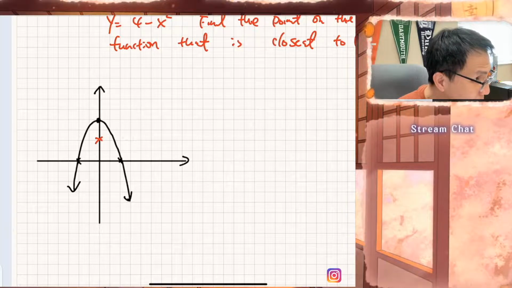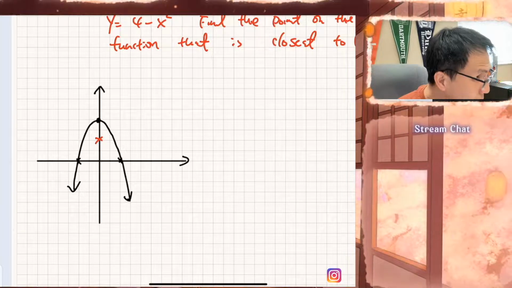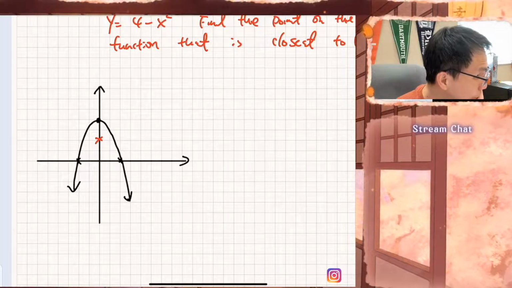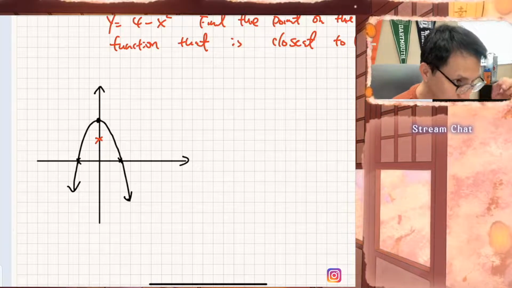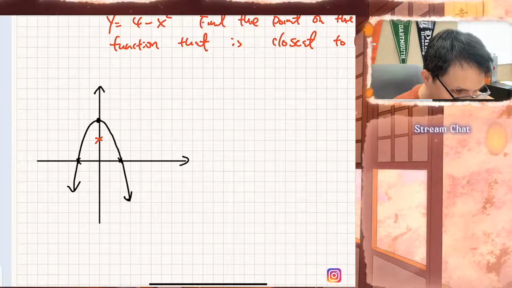At 0? Katie says no, not at 0. Wouldn't it be fairly close at -1? I'm pretty close at -1. Or it could also be at 1 as well.